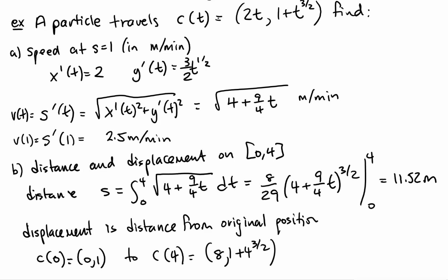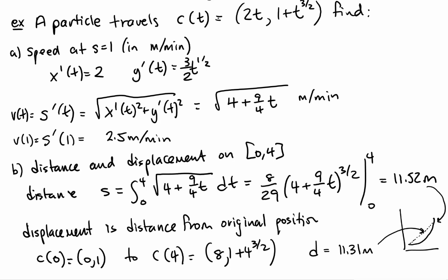And we'll use the distance formula on this, and doing just a straight up distance formula will get you 11.31 meters. So you can see that although in this case the path looks something like this, that path length is quite a long way. The displacement is this distance, and it's a little bit shorter.